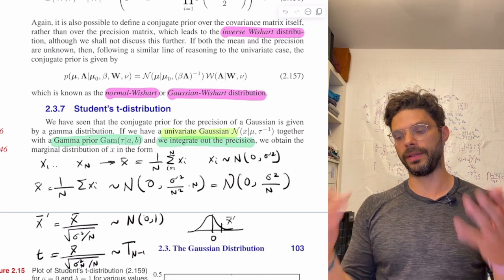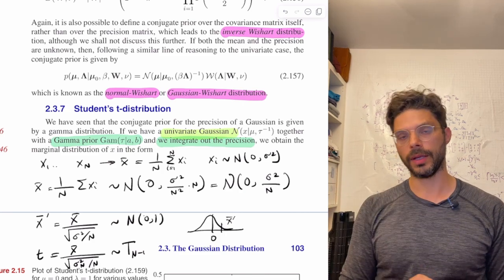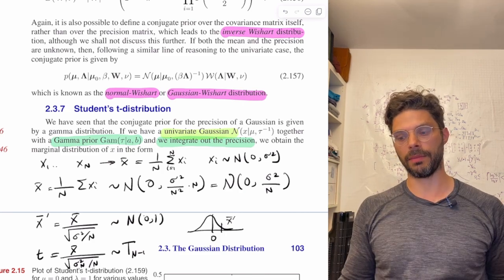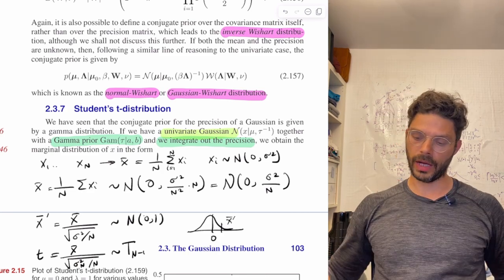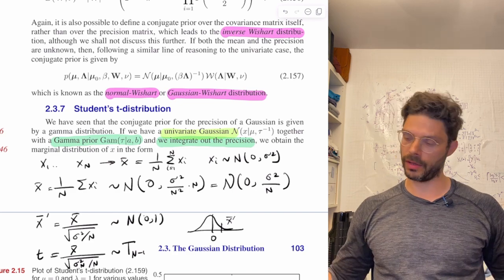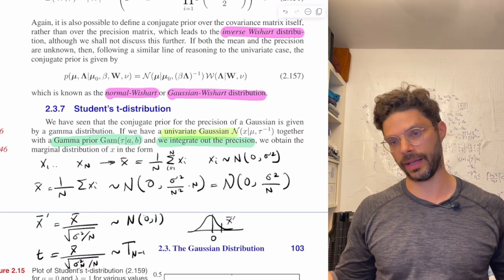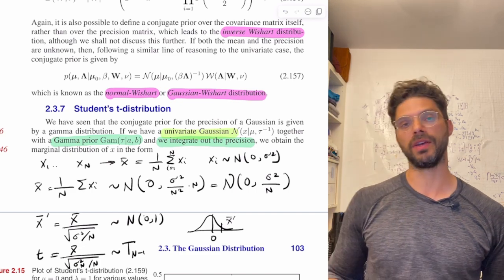And what's interesting about the t-distribution compared to the normal distribution is that it can have heavy tails. So that means for the normal distribution, once you're far enough away from the mean, you're basically unlikely to get values that deviate too much from the mean.